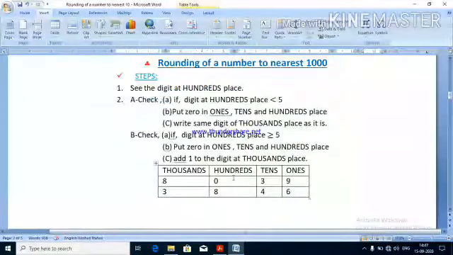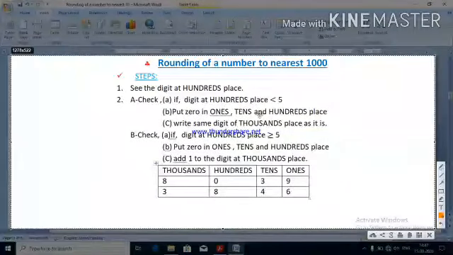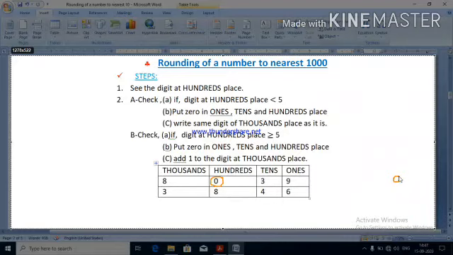Next, for the nearest 1000, the same thing. You have to see the digit at hundreds place. Here, the digit at hundreds place is less than 5, so you have to write zeros in ones place, tens place, and hundreds place, and write the number 8 as it is.